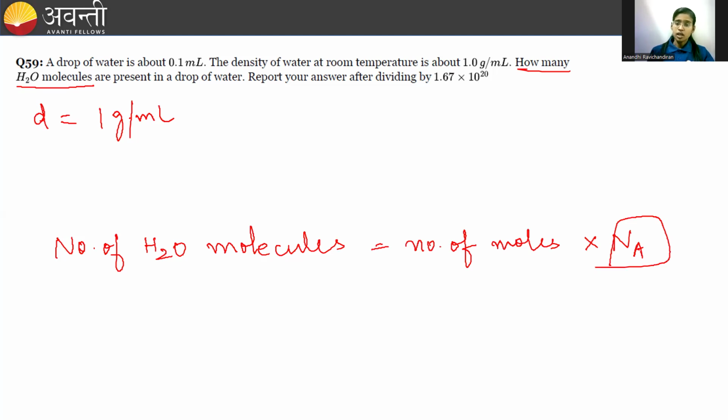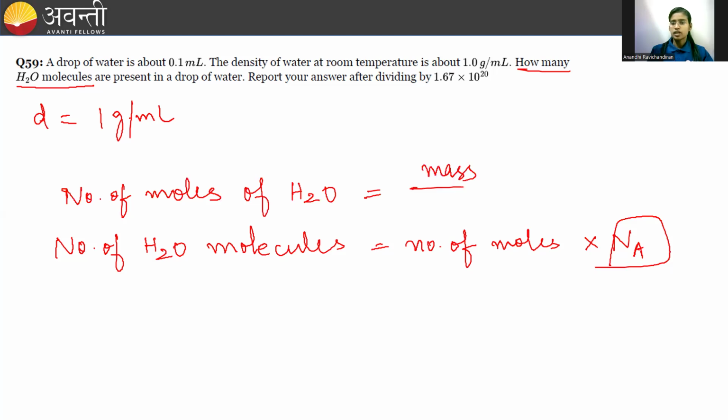So to find out the number of moles, what we need? To find out the number of moles of H2O, the formula to be used is the given mass divided by molar mass.